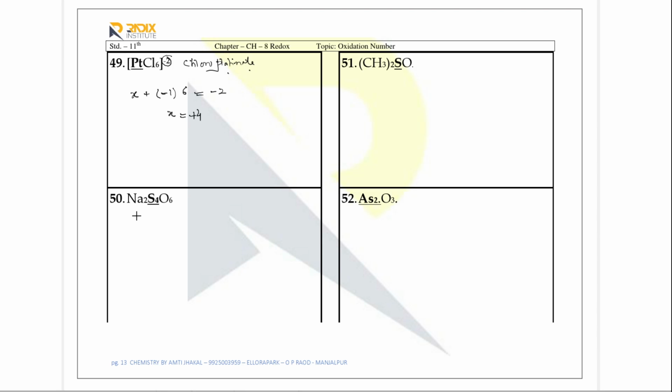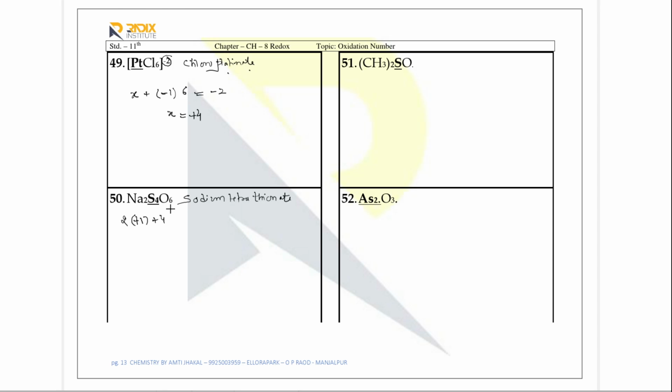Here Na2S4O6, sodium tetrathionate. Here alkali metal oxidation number is always plus 1. Sulfur oxidation state, sorry, sulfur we had to find.